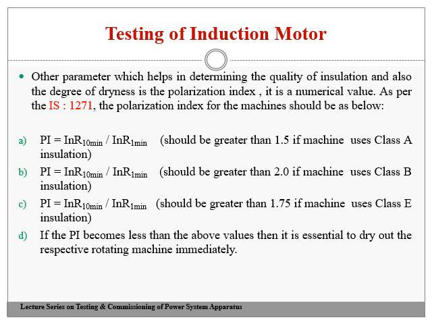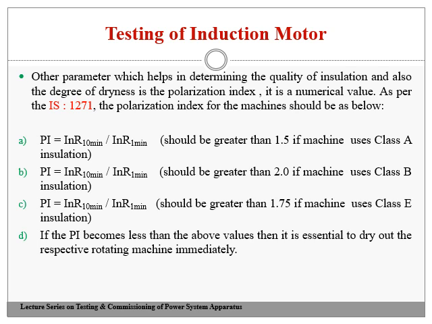The other one is, if the PI for class E insulation becomes more than 1.75, no need for drying comes into picture for an induction motor. Similarly, if the PI becomes less than the above values for any different class of insulation, at that time the drying of an induction motor becomes essential.